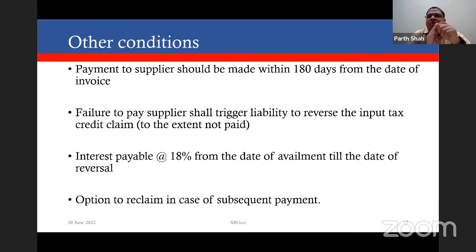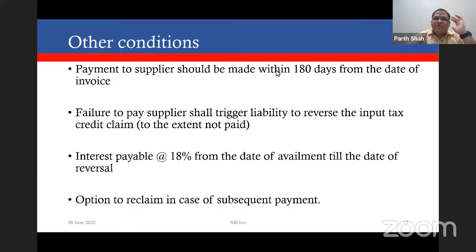And number two, the interest is to be calculated not from the date of invoice, but from the date of filing of GSTR-3B of the month in which you actually claimed the credit. So it may be possible that the invoice date is 1st January, but you account it only in March or April. In that case, interest will be restricted to 2 or 3 months. Please keep this point in mind.